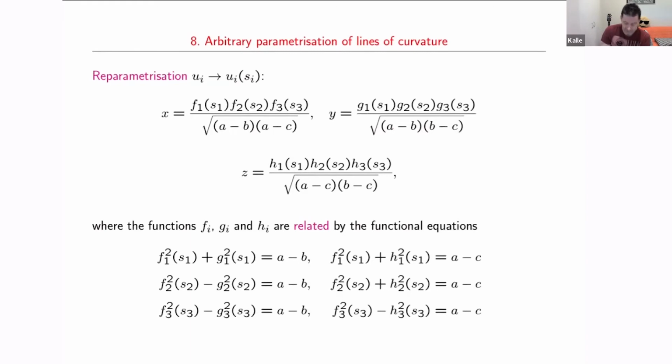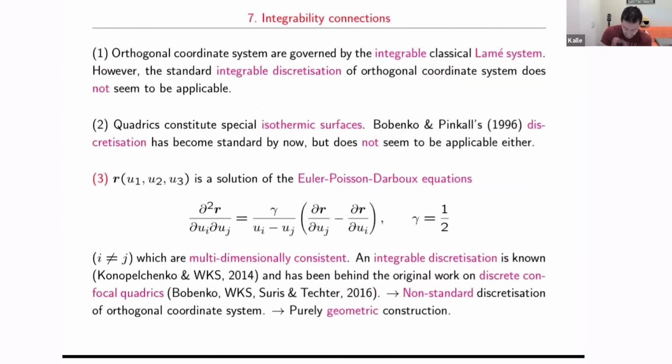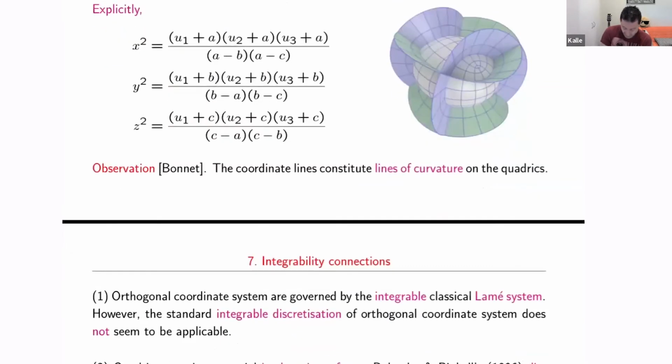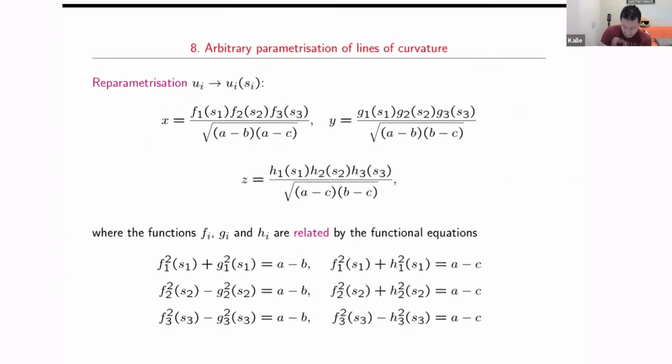And so let's have a look at the structure of those components x, y, and z. So you can see they're factorized. So a function of u1 times a function of u2 times a function of u3. But those functions are not independent. You can see this one and this one, they depend linearly, right? There's a linear relationship between those. So basically, this is captured by these formulae.